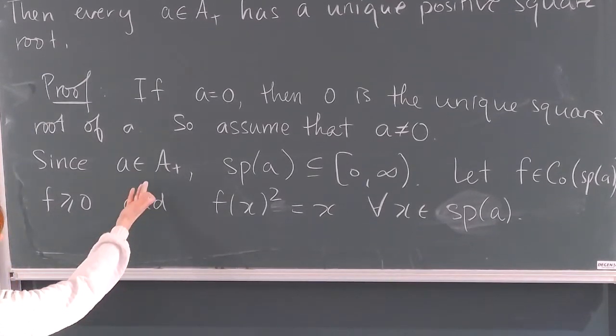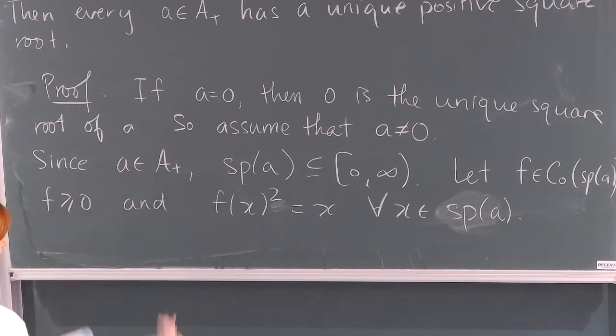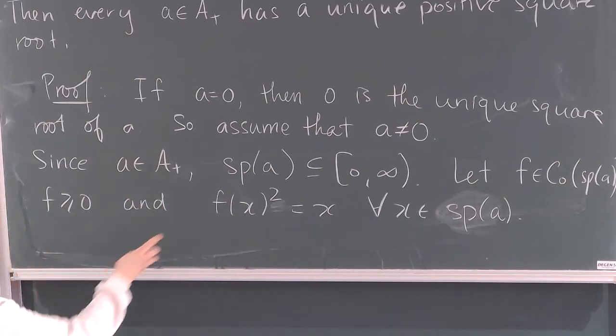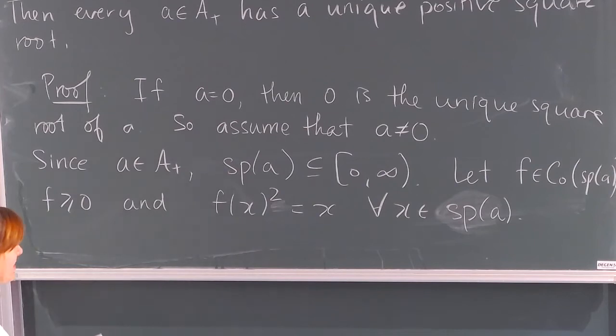Okay, A is positive, it's self-adjoint, so in particular it's normal. So f of A is a well-defined element of the C-star algebra.